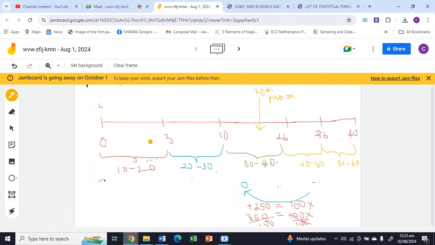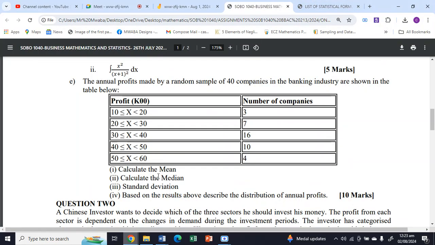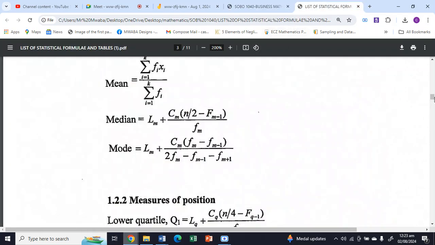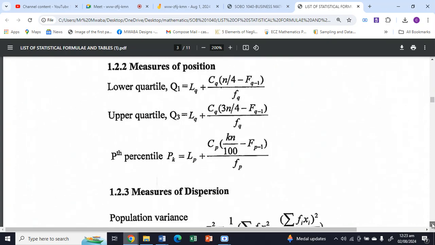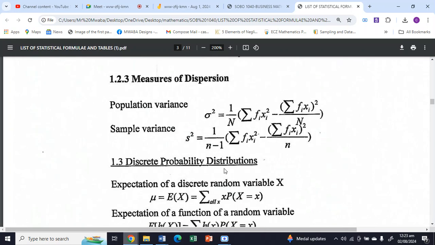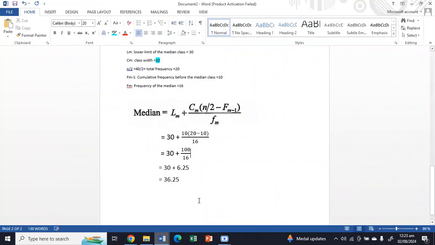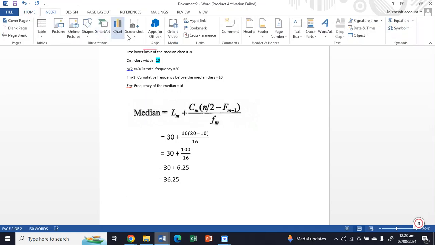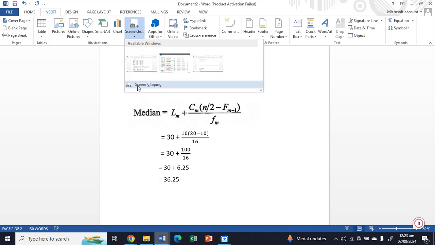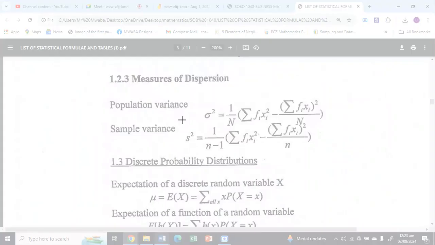Okay, the next part I believe was to get the standard deviation. This is the part ahead for the standard deviation. Remember you're always using the sample formula. If you use a population formula, you won't be penalized. I don't know how many marks they can remove, maybe 0.1. Maybe they might be left scot free.